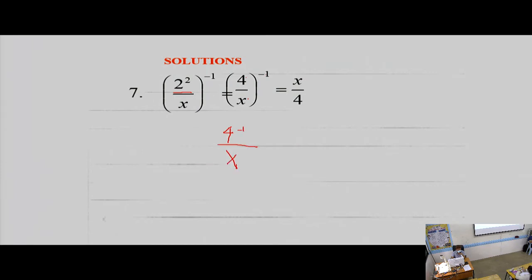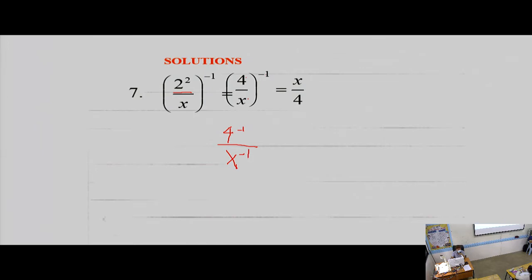Next, number 7. We have here 2 to the power of 2 over x to the power of negative 1. So again, 2 to the power of 2, we all know that is 4, right? And so we have 4 to the power of negative 1 over x to the power of negative 1.